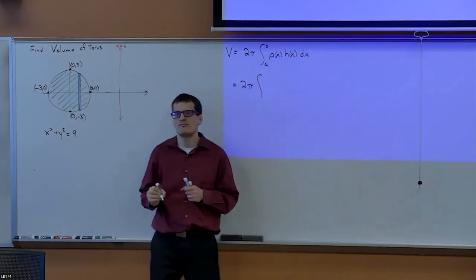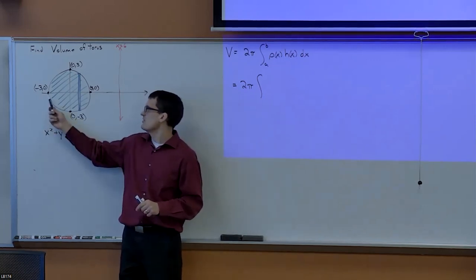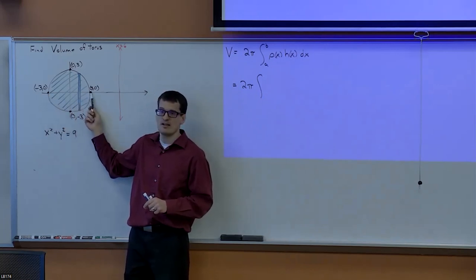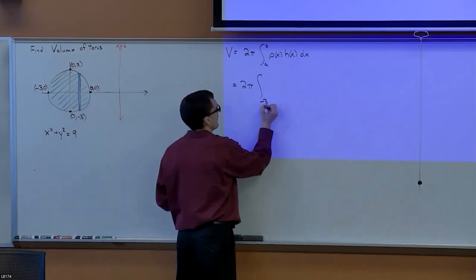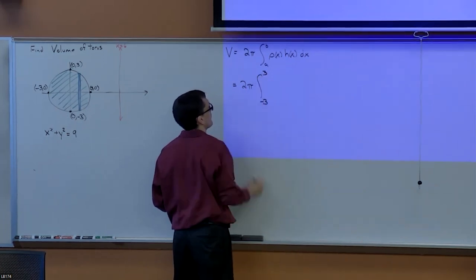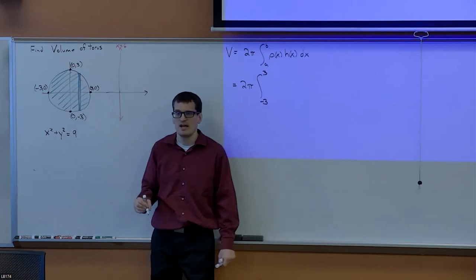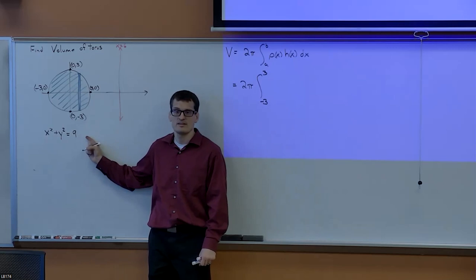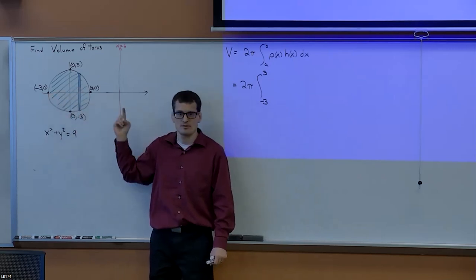Now, most of the fill-ins are fairly straightforward. This region has x values that go from -3 all the way to +3. By the way, I have nice whole numbers here, but obviously if it was x squared plus y squared equals, let's say 10, you'd have to go from negative square root of 10 to positive square root of 10.